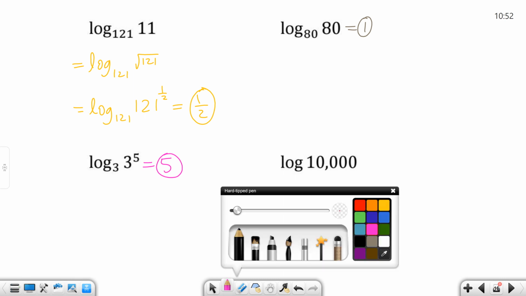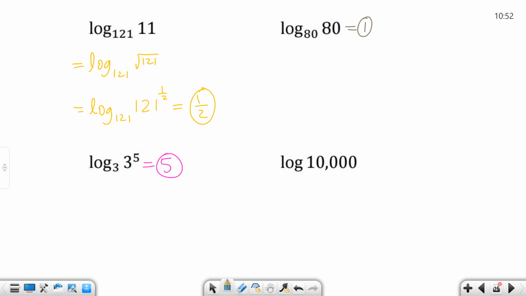And then what about the next one? Doesn't have a base. It's understood to be 10. So then I need to rewrite this as 10 to some power, right? So this is going to be log of 10 to something. So we say 10,000 equals 10 to what power?